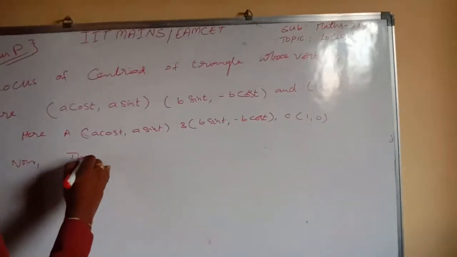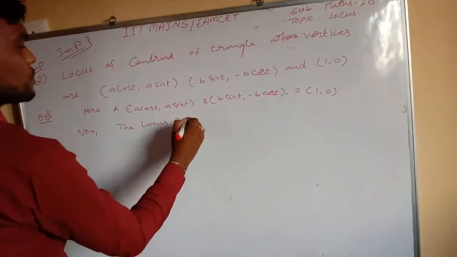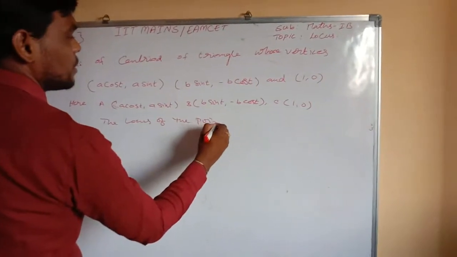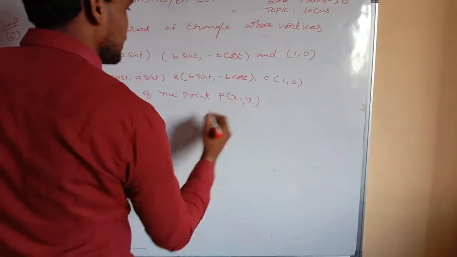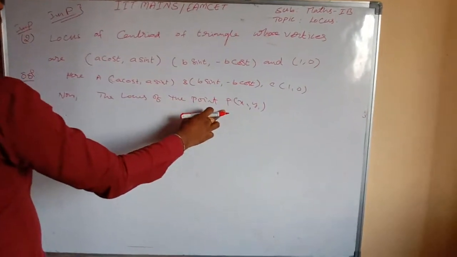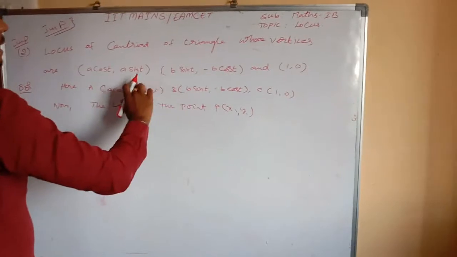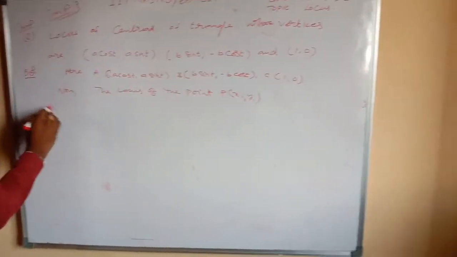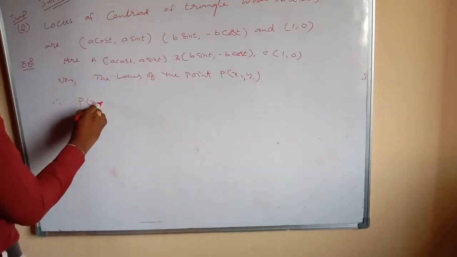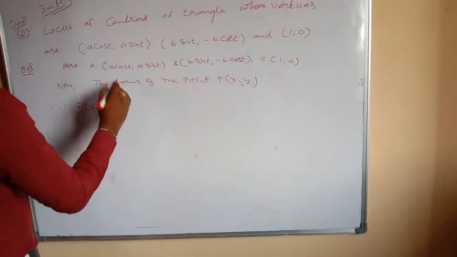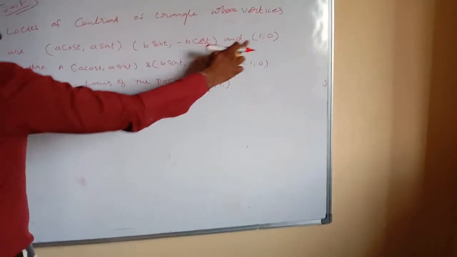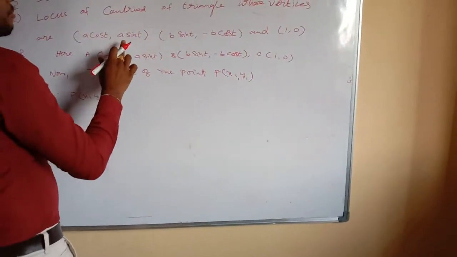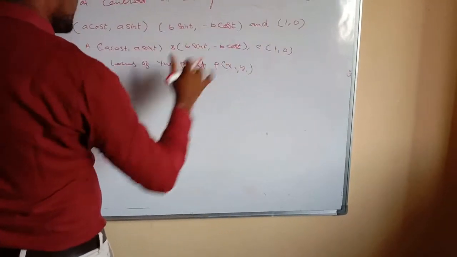Now the locus of the point P(x1, y1), and therefore the locus of the point P is the centroid of the triangle with these vertices. Therefore P(x1, y1) is equal to the centroid, so x1 is (x1 + x2 + x3) by 3 and the y coordinate is (y1 + y2 + y3) by 3.